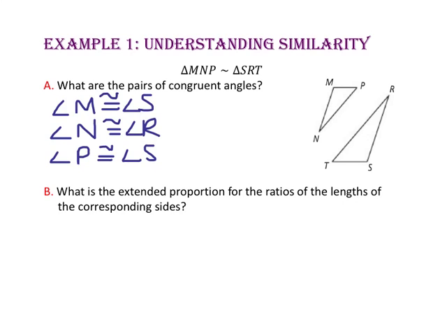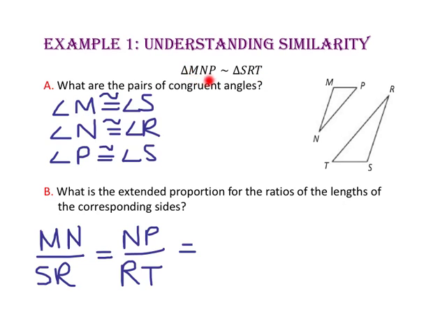For part B, what is the extended proportion for the ratios of the lengths of the corresponding sides? The first two letters in the names of our triangles, side MN and side SR, will be our first ratio. The second two letters, NP and RT, will be our second ratio.